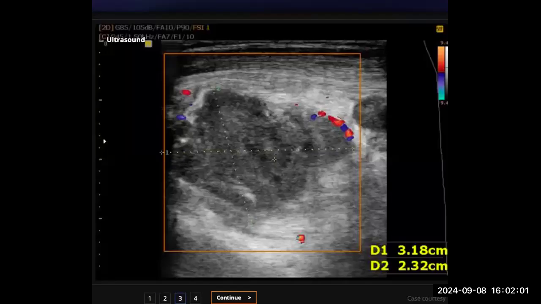So this is basically what we saw on the ultrasound of the neck. I can show you the other images. Just have a look at these. These are spot images of the same patient, linear high frequency color flow images of the ultrasound of the neck.